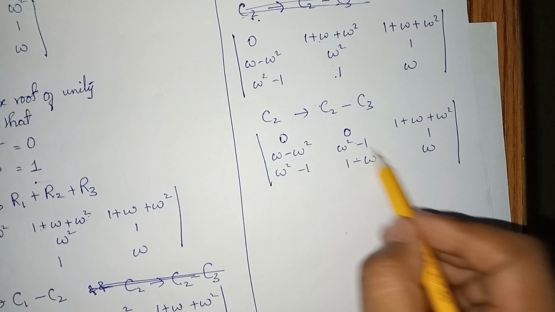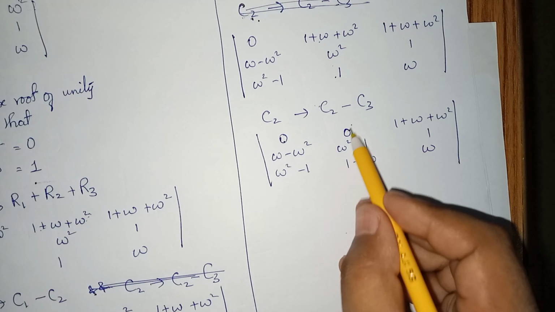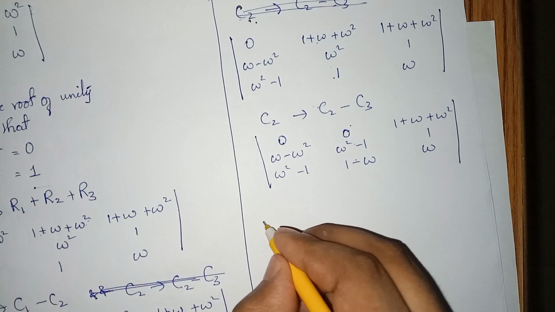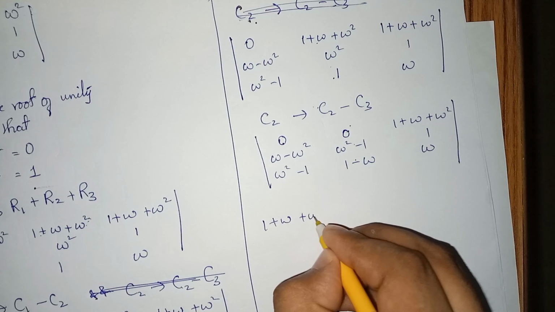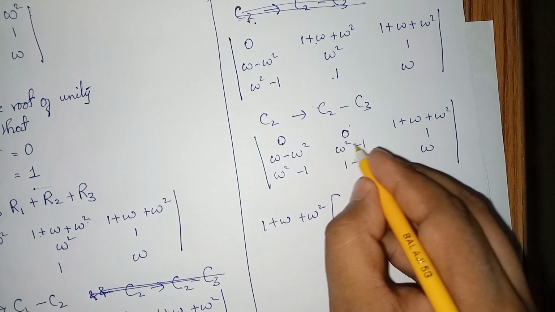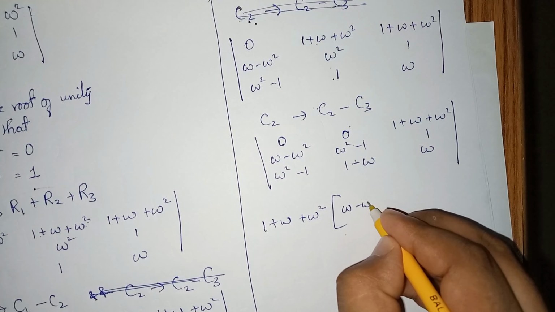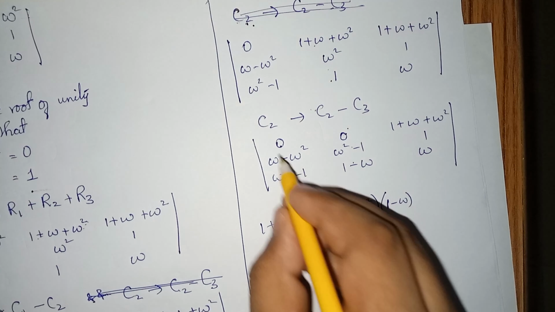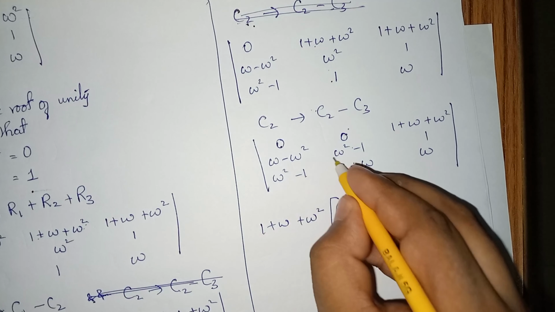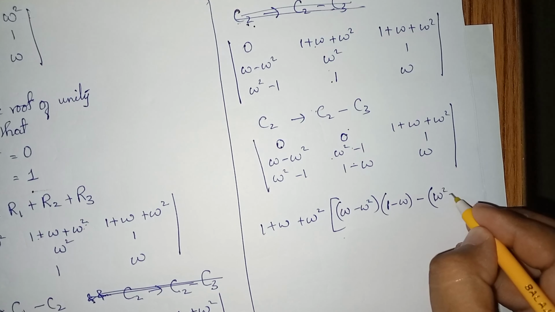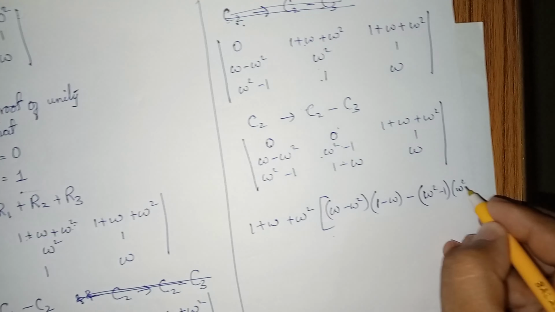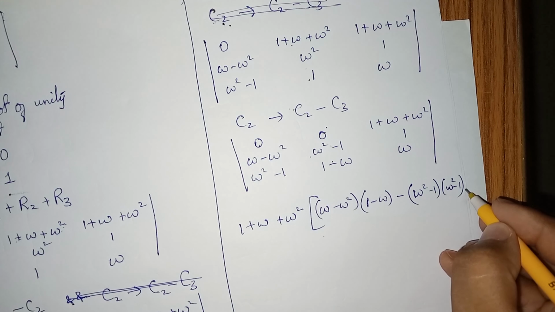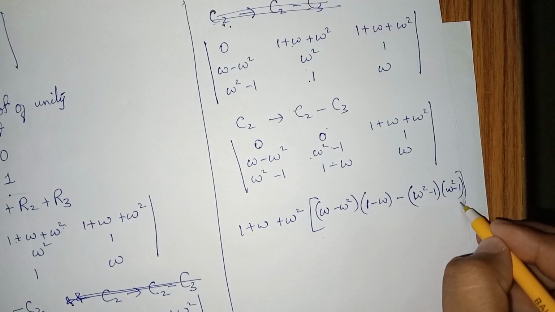Since we got two zeros, the determinant of those parts will be completely nil. Only one term is going to apply, that is 1 plus omega plus omega square, times the minor: omega minus omega square into 1 minus omega, minus the other product, omega square minus 1 times omega square minus 1. Clear? Brackets should be given here.